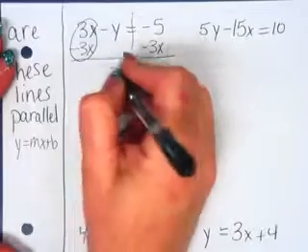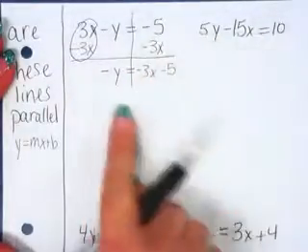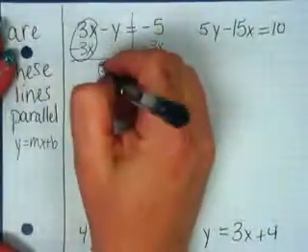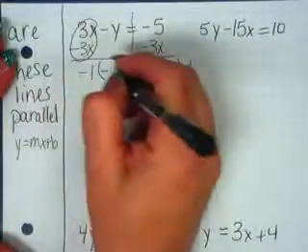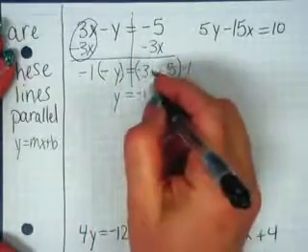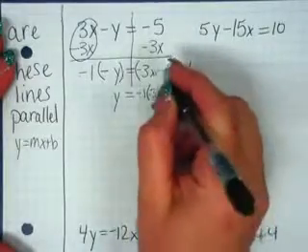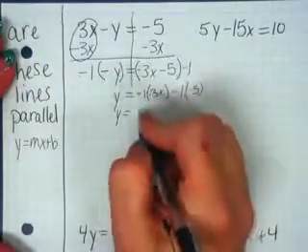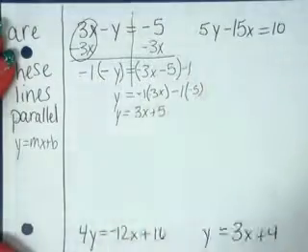And here you have negative y equals negative 3x minus 5. Now we need to get rid of this negative because we want just y. The easiest way is to multiply by negative 1. Negative 1 times negative 3x and negative 1 times negative 5. Negative times a negative is a positive, so y equals 3x plus 5. So now we have that one.